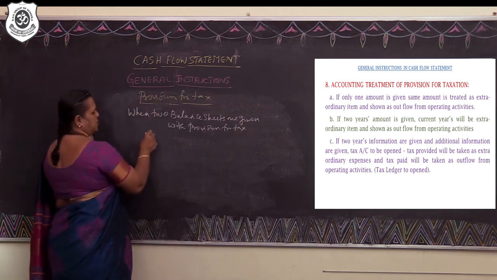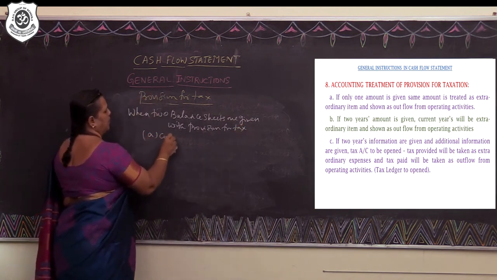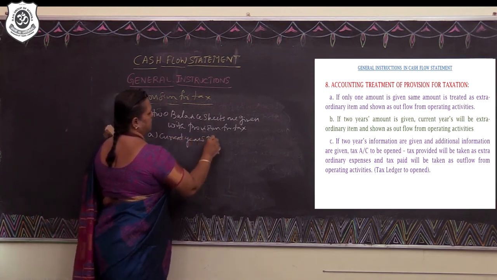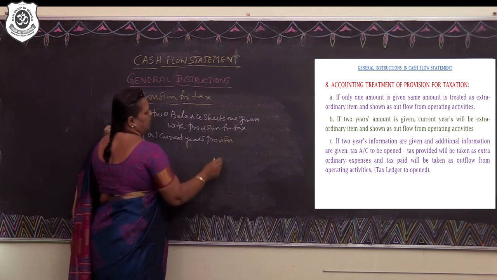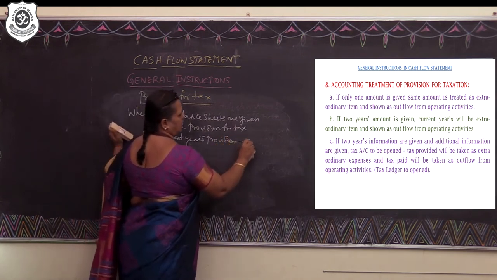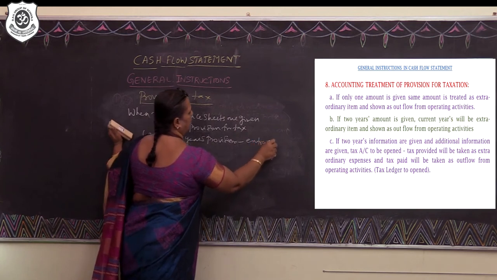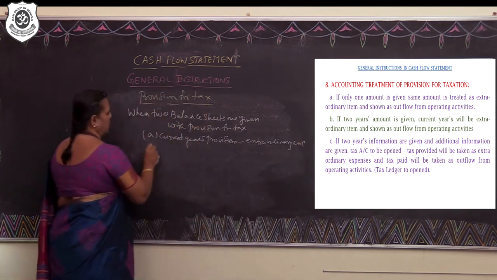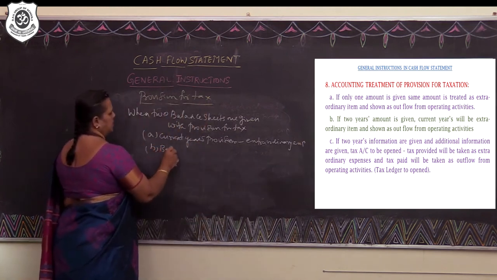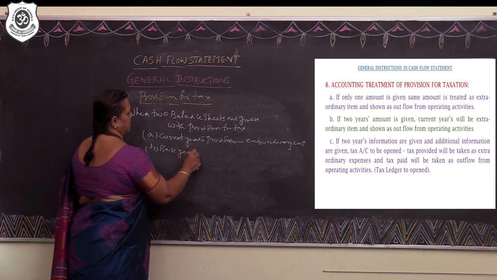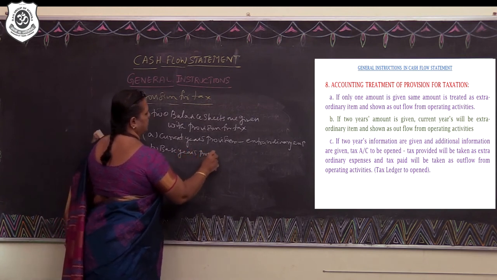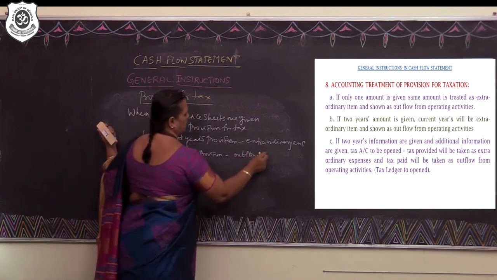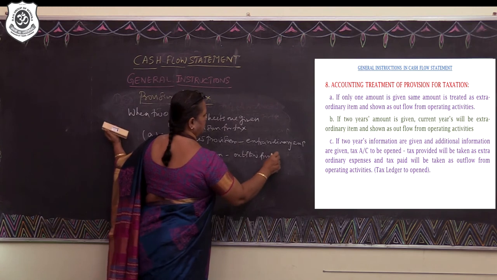So, adjustment number one, current year's provision will be treated as an extraordinary expense, and base year's provision will be an outflow from operating activities.